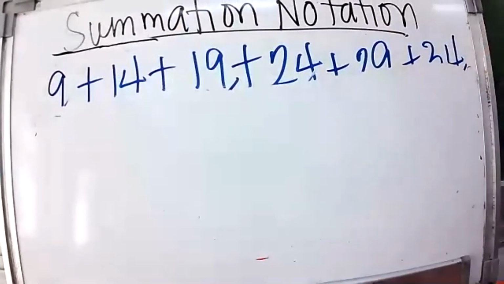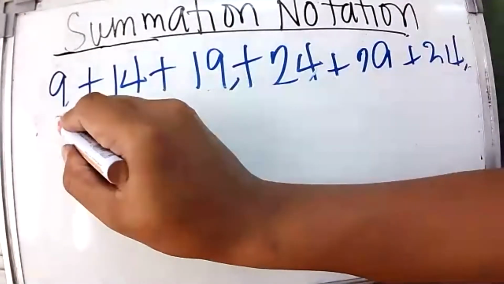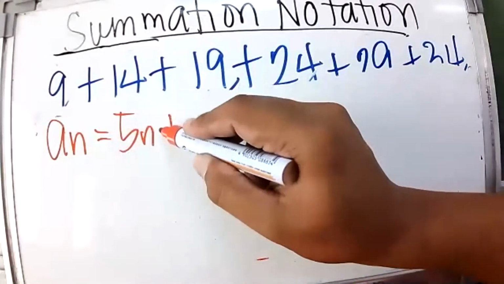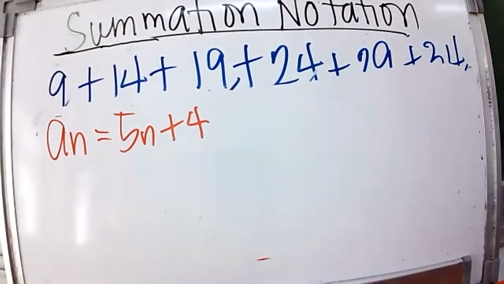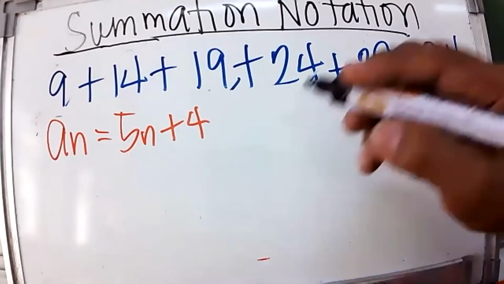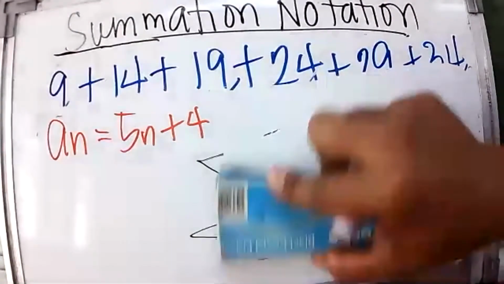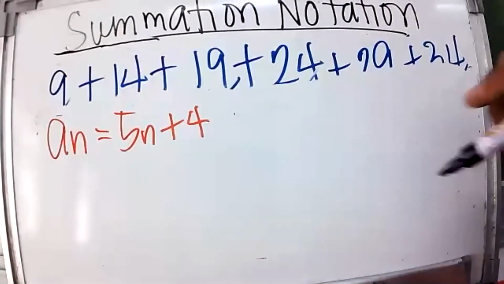And going back, our A sub n explicit form is 5n plus 4. So, let's now form our summation notation.